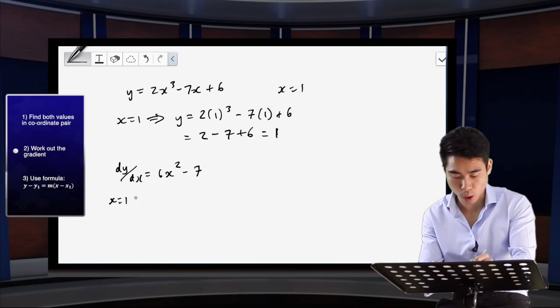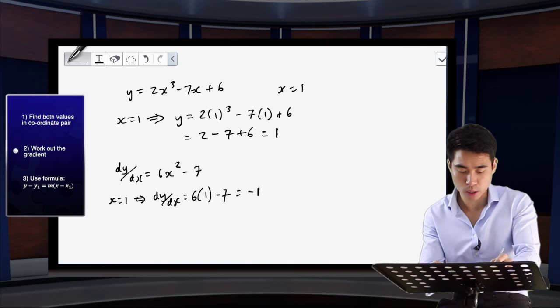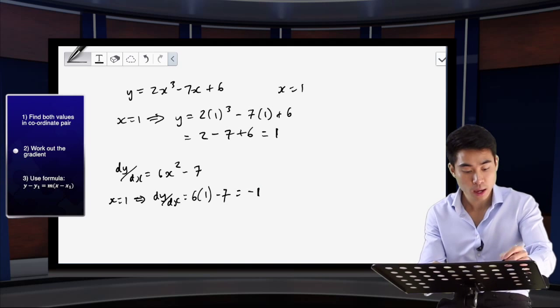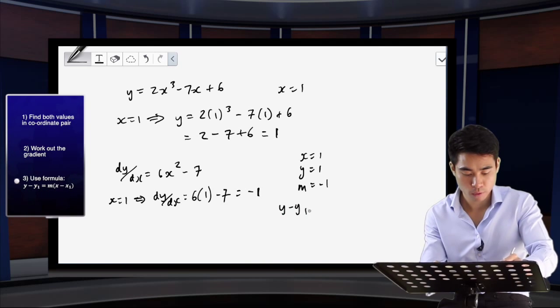So when x equals 1, your gradient, dy by dx equals 6 lots of 1 minus 7 which equals minus 1. And that's what we found out previously. So here we have x equal to 1, y equal to 1, a gradient equal to minus 1. All we're going to do is substitute this into our y minus y1 formula.